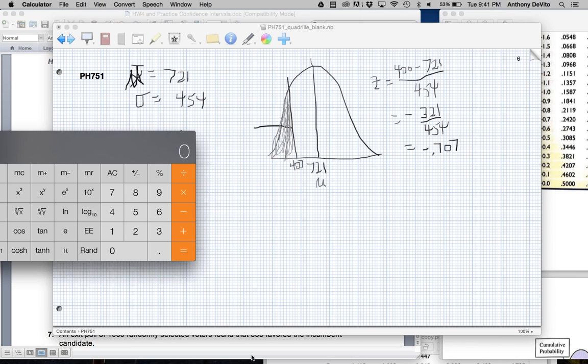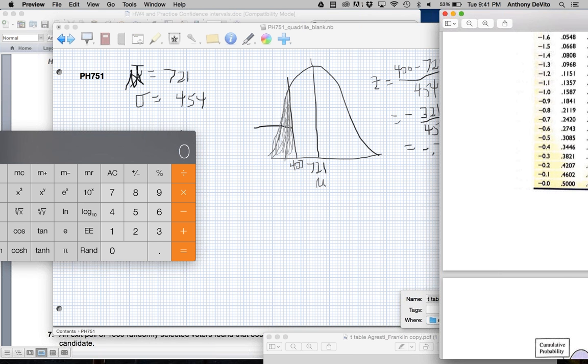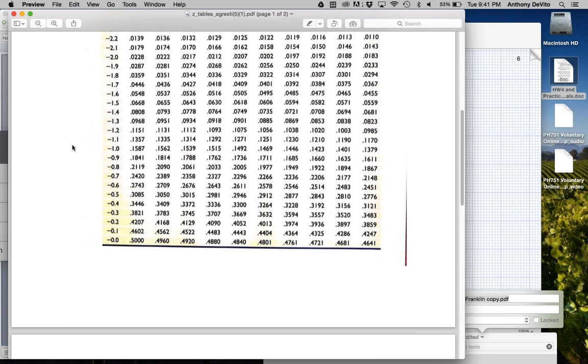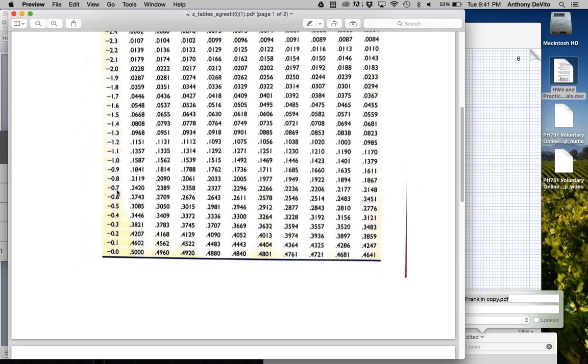Okay, so we've got to look up our z-score. Let's see if my z-table is still here somewhere. That's my t-table. Is this my z-table? I think it is. Yes, it is. So negative 0.7, then 0.707. Well, actually, the closest I'm going to get is 0.71.